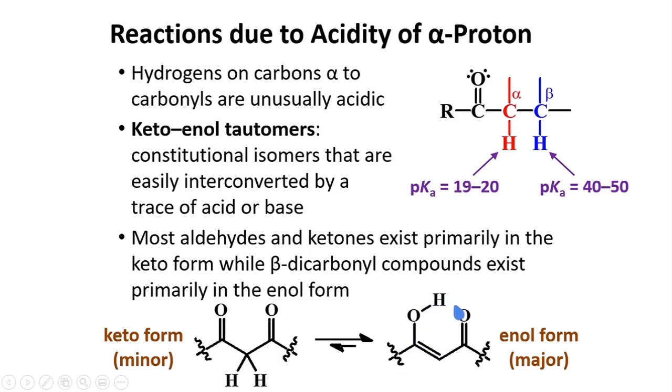This hydrogen can form a hydrogen bond with this oxygen. This is the major driving force why your enol form is the major isomer. Take note that because of the two carbonyl groups present, the acidity of this hydrogen becomes much stronger.